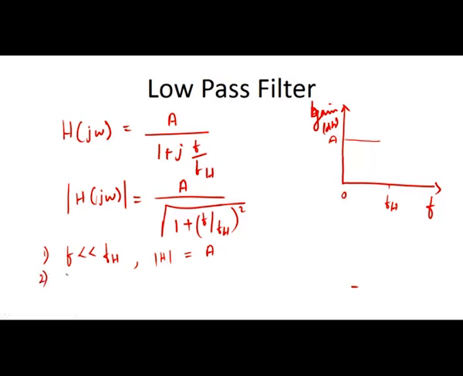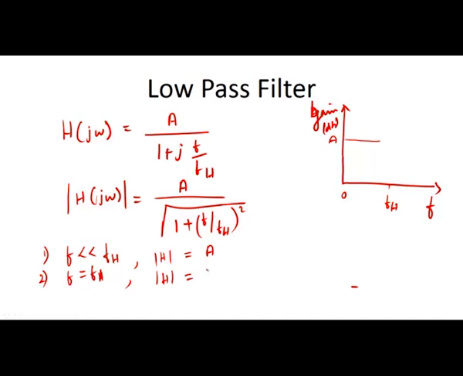For the second case, if f is equal to fh, what is the transfer function of the filter? Substitute the value. If f is equal to fh, this will be equal, so you have 1 here.